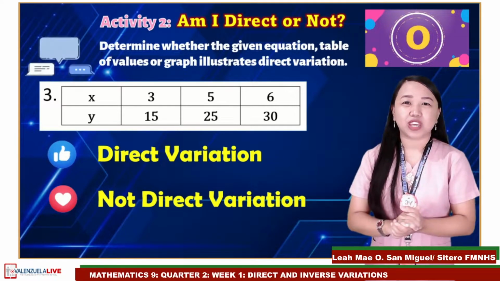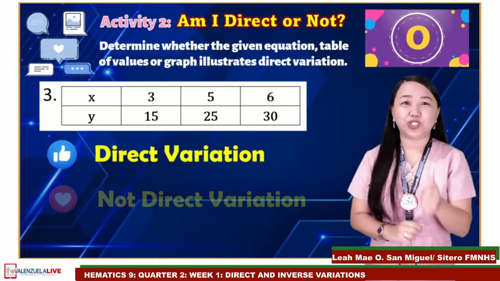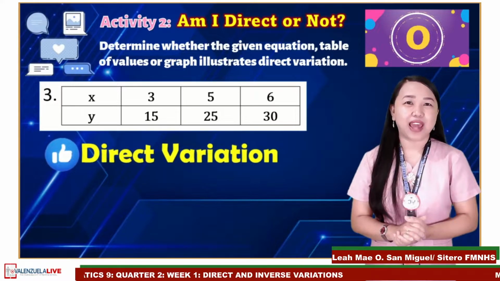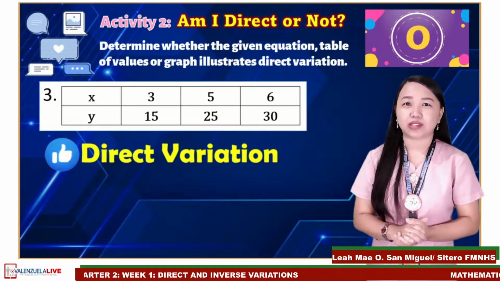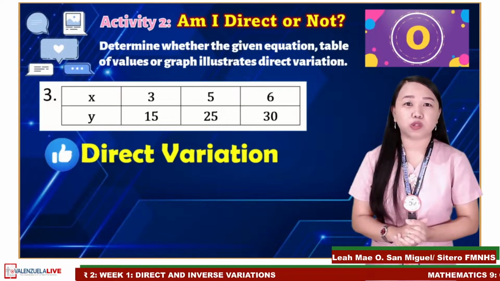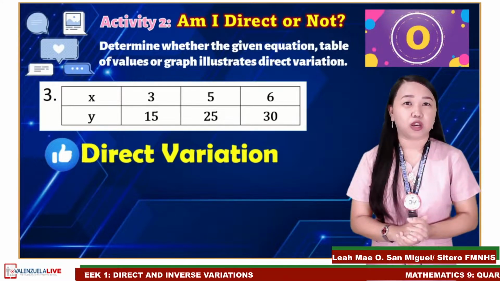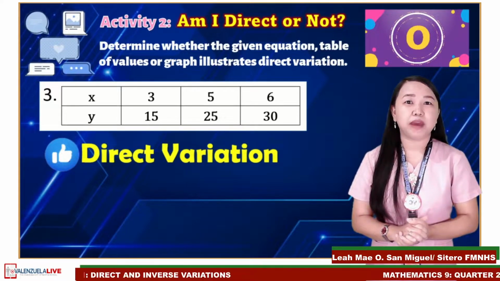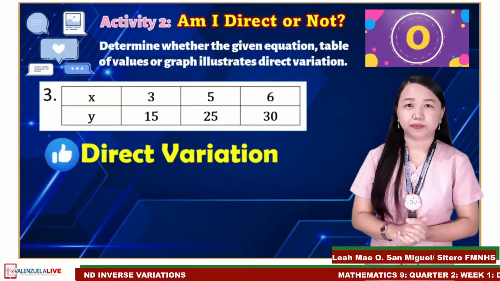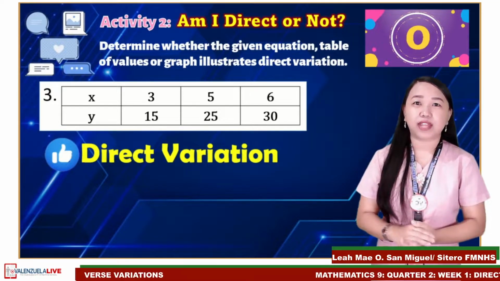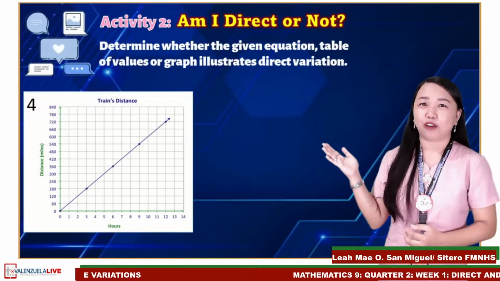Time's up! If you answered like emoji, then you're right. Awesome! As the value of x increases, the value of y also increases, and the quotient of y divided by x is constant, which is 5. For the last given, it is a graph.